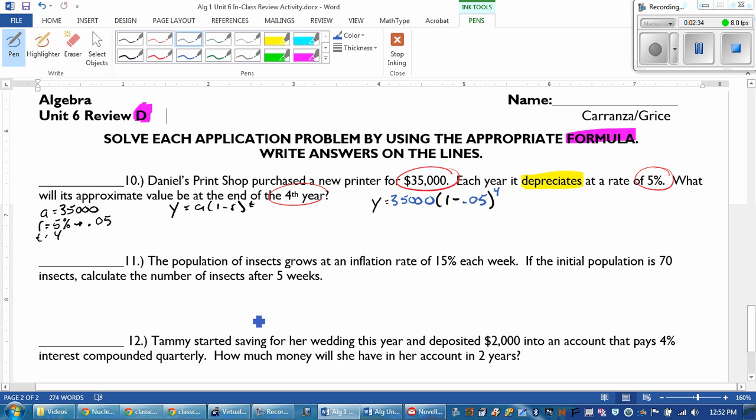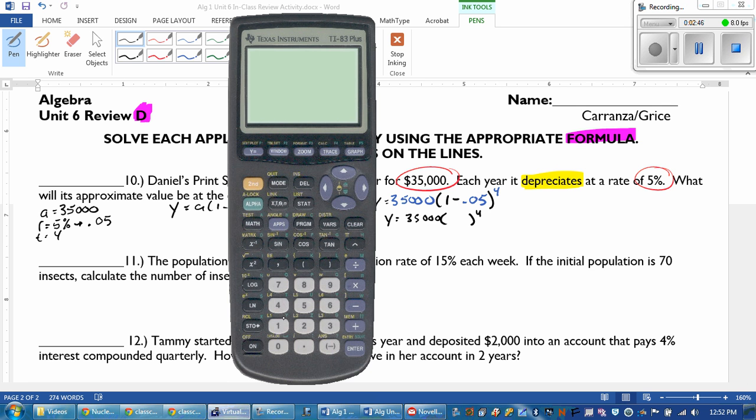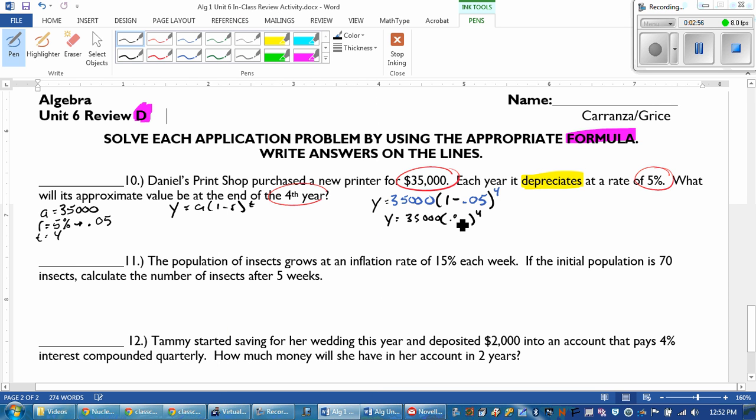Now, you can plug all of that in at once if you want to, but I like to do the part inside the parentheses first. Okay, so we have 1 minus 0.05, and we get 0.95. That way it's just one less thing to plug into the calculator.